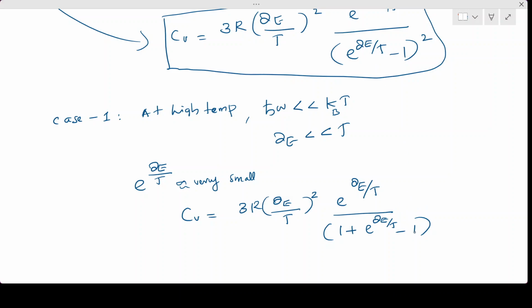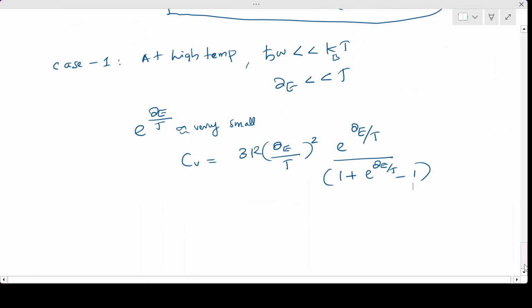So this is how the expression will be. If you expand this term, e raised to theta by T minus 1, you can cancel out e raised to theta by T from this expression. 1 plus 1 minus is here, so the 1 and 1 get cancelled.